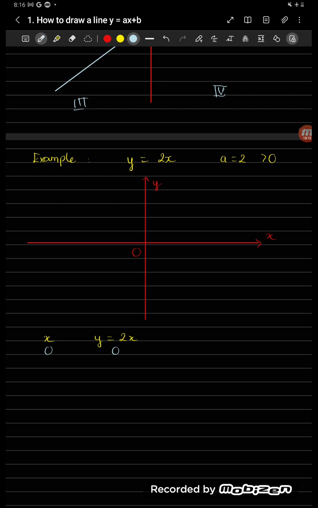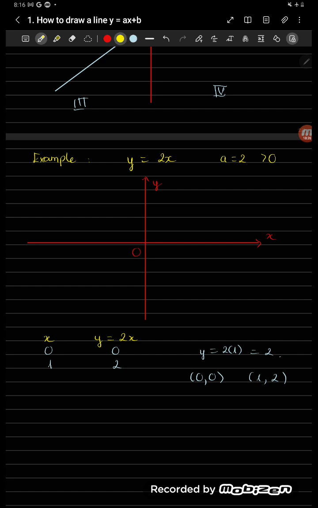Let's take x equal to 1, then y equals 2 times 1, which is 2. So now we have 2 points: the first is the origin, x equal to 0, y equal to 0, and the second is x equal to 1 and y equal to 2.